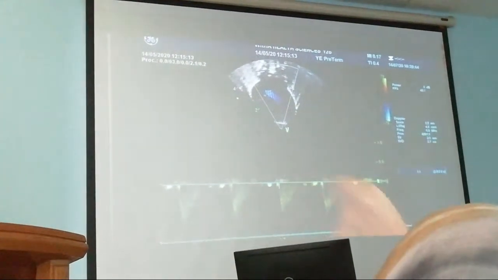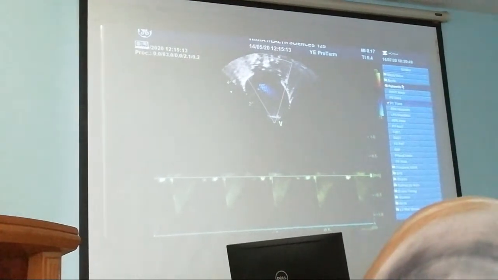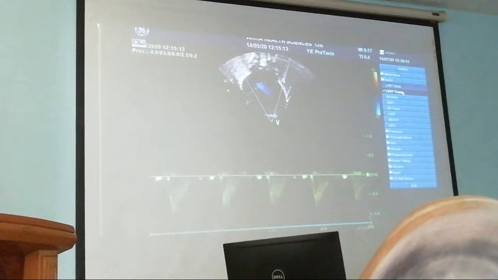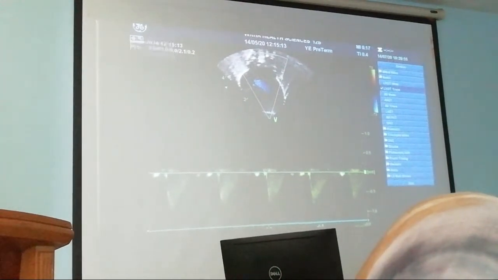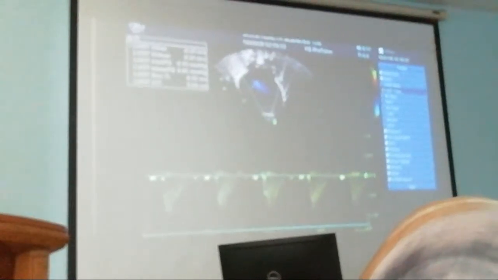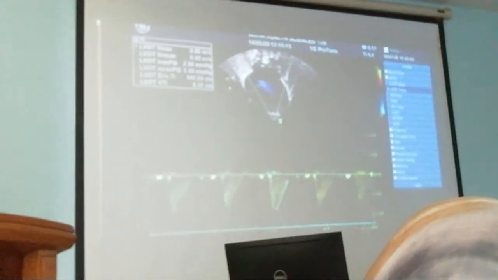From this envelope, I can measure the velocity time integral and calculate the cardiac output, which we can do later. So I'm just tracing the Doppler of the left ventricular outflow tract.